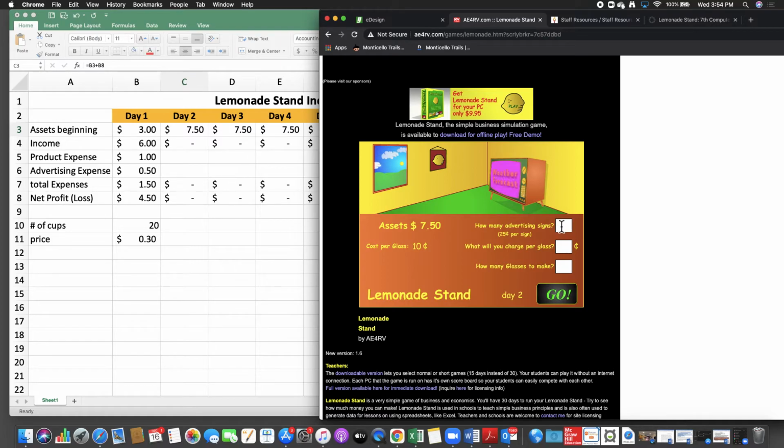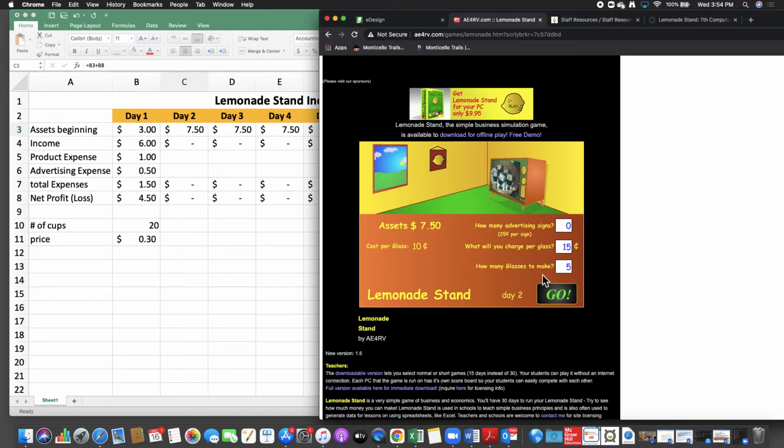Okay, I'm going to make 0 signs. I'm going to charge 15 cents per glass. And I'm going to try and make, I don't know, 3 glasses. Maybe I'll make 5.